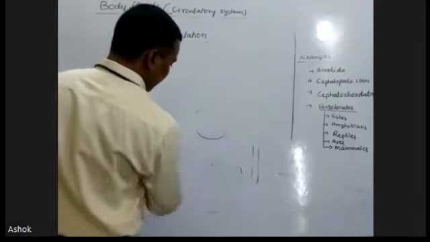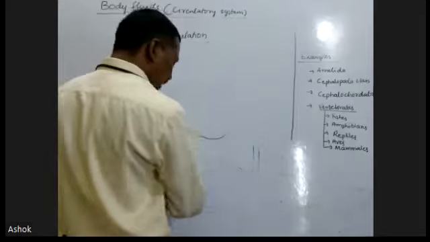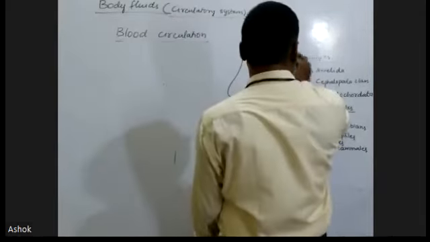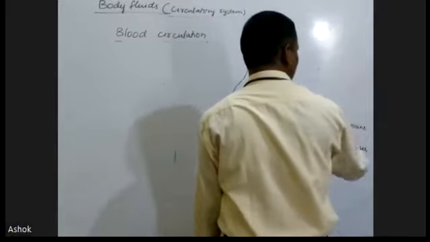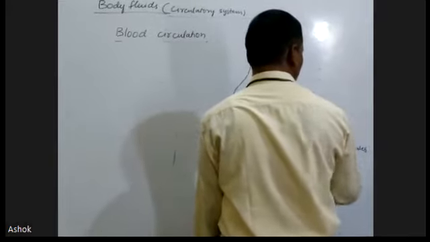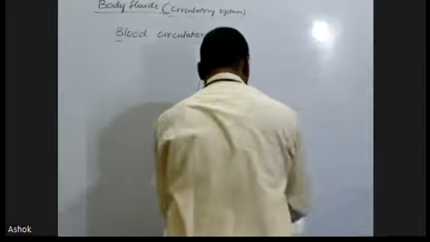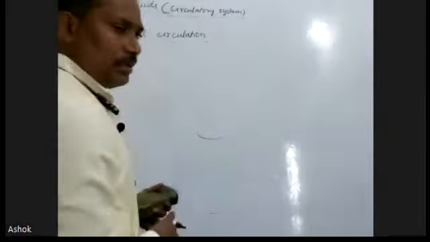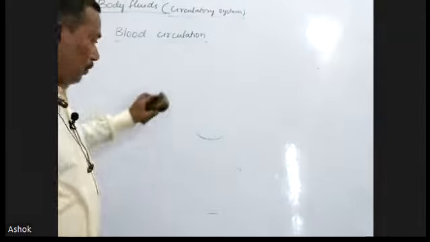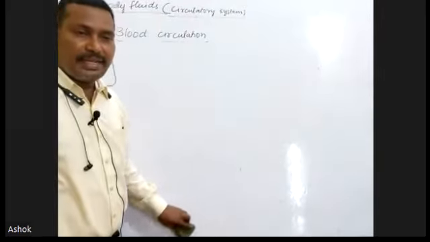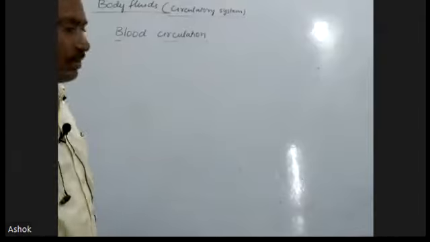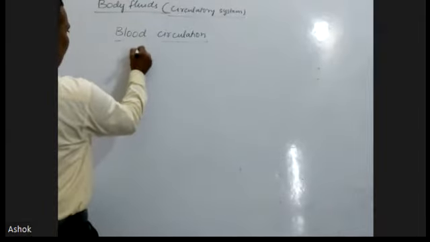In the closed type circulatory system, the heart plays an important role. The heart pumps the blood. The heart plays an important role in the circulatory system.